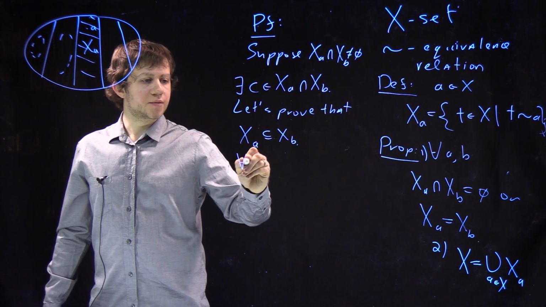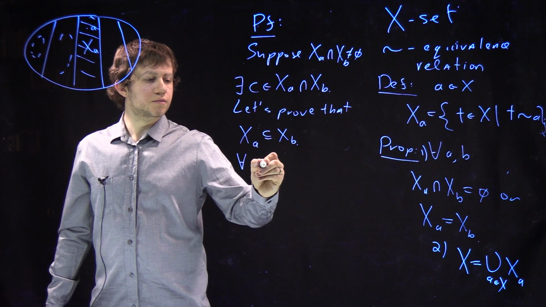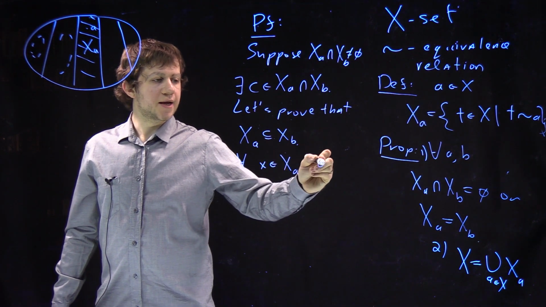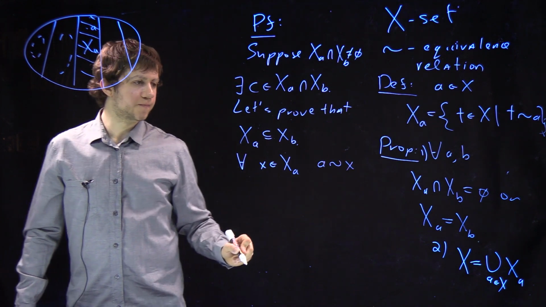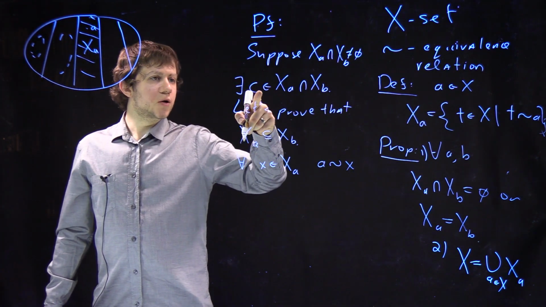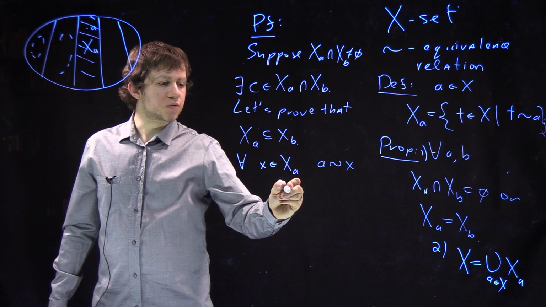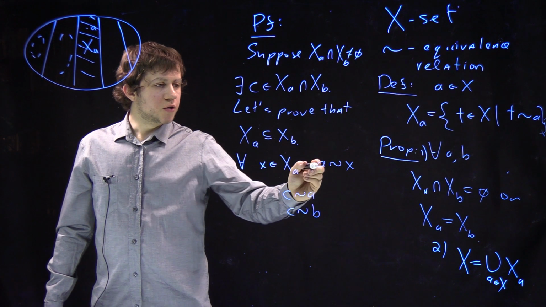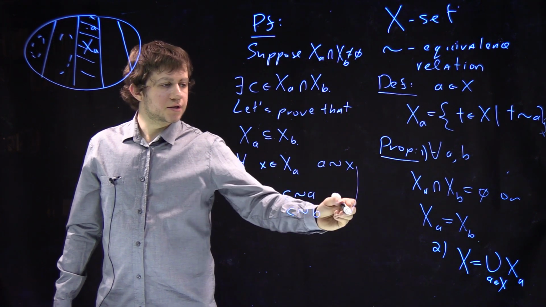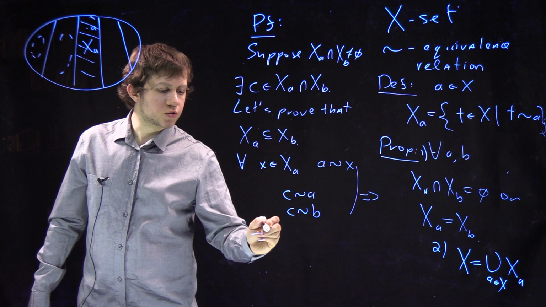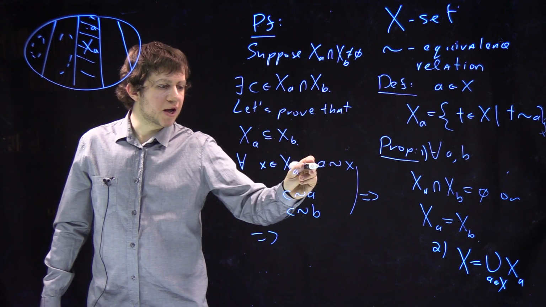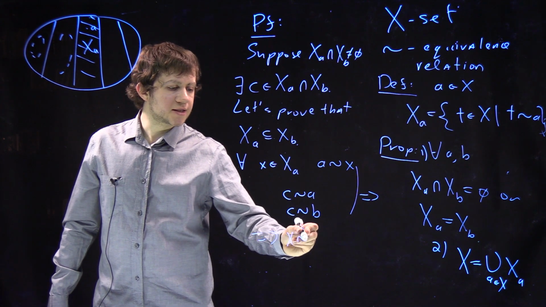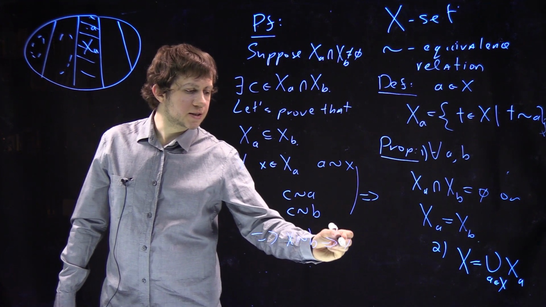For every element little x inside XA, we know that x is equivalent to A. But then we know that C is inside XA and XB, so C is equivalent to A and C is equivalent to B. Using this and applying the second and third properties two times, we see that x is equivalent to A, A is equivalent to C, and C is equivalent to B. And we get that x is equivalent to B, so x is inside XB.